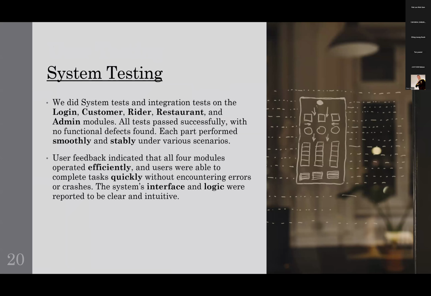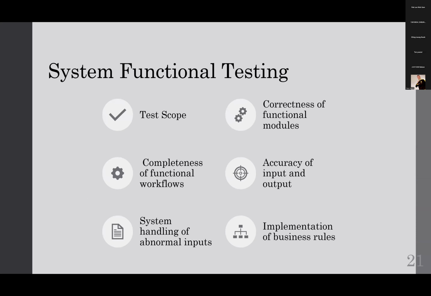User feedback confirmed the system operates efficiently, allowing quick task completion without errors, and the interface and login are clear and intuitive. Our functional testing focused on wireframe module correctness, workflow completeness, handling of abnormal inputs, accuracy of data, and proper implementation of business rules to ensure the system meets design expectations.